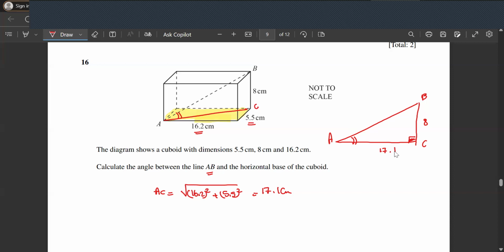Now, what do I want? I want this angle. What should I do? This is 90 degrees, so I can use the ratios. What do I have here? I have the opposite and the adjacent. Which ratio should I use with the opposite and the adjacent? Tangent. So tan A would be equal to opposite over adjacent.